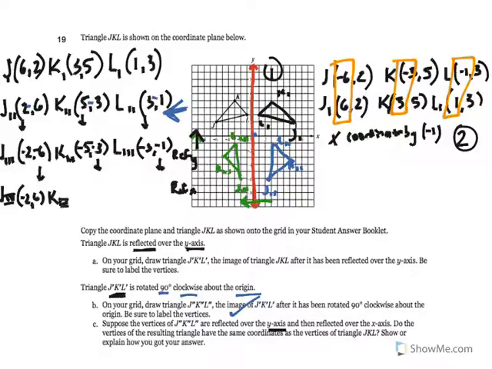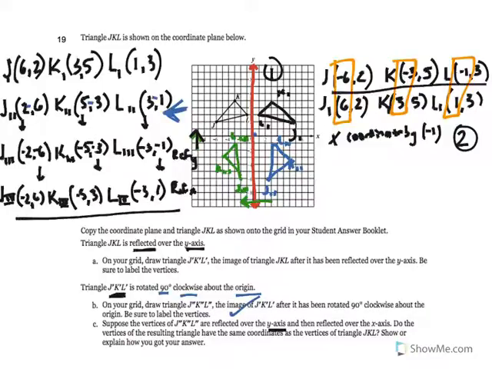K 4th becomes negative 5, 3. And L 4th becomes negative 3, 1. Okay. So let's see if these match up with our original points.